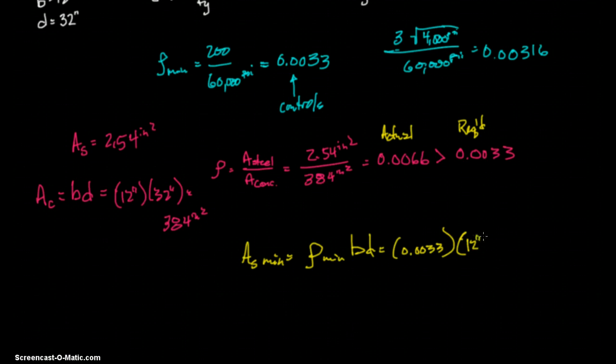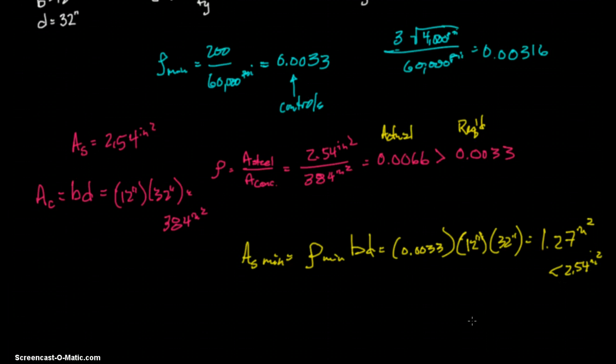Times 12 and times 32 inches. And we get 0.0033 times 12 times 32, we get 1.27 inches squared. And that's our minimum area of steel required. That is our area of steel minimum, and that is less than our actual, which is 2.54 inches squared.